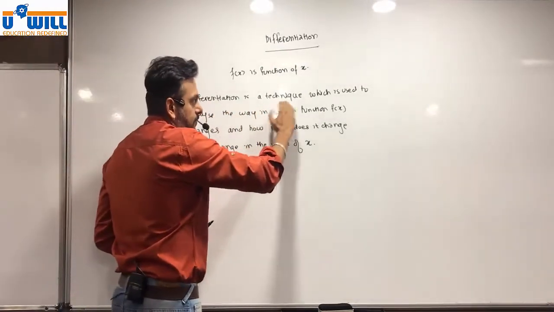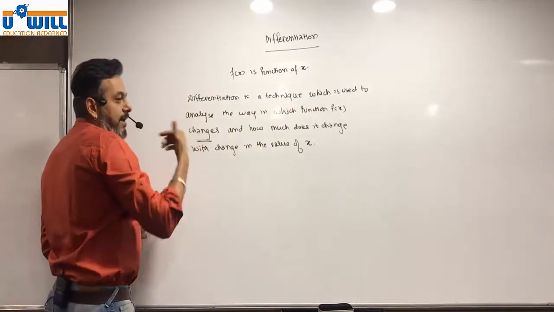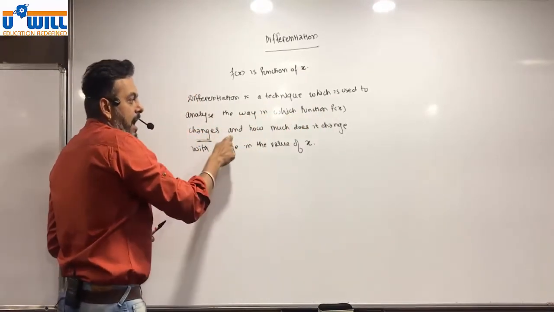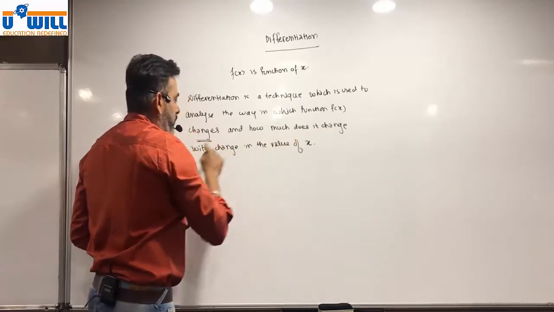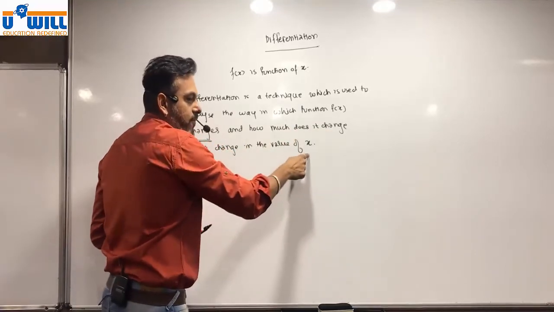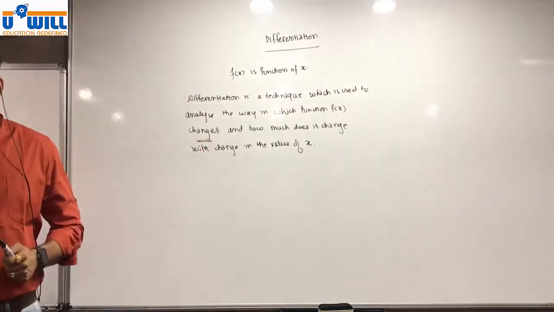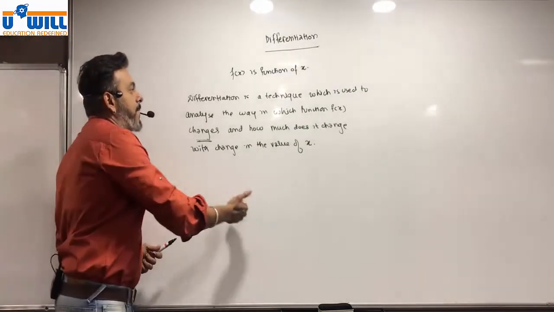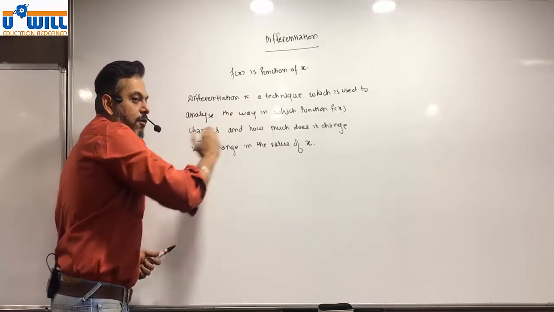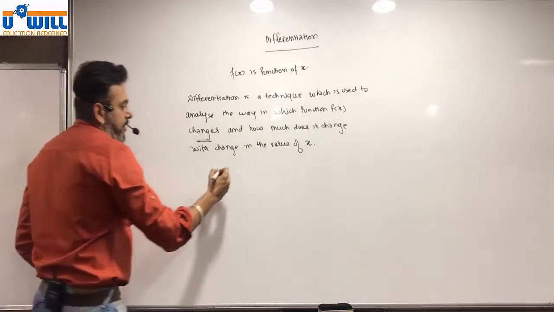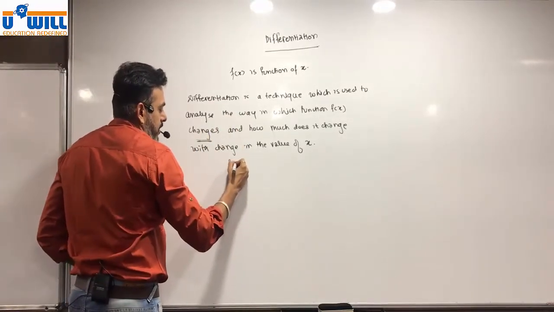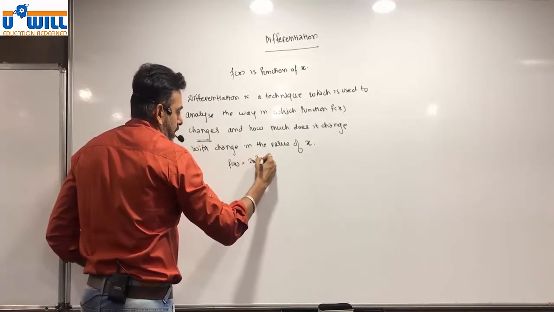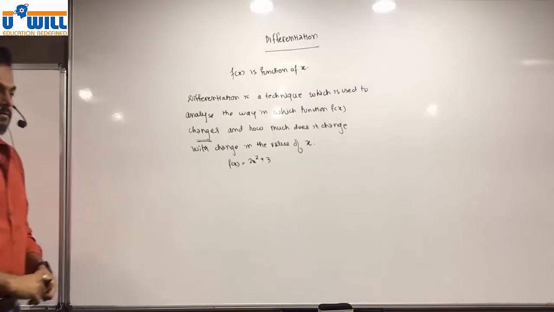Differentiation एक टेक्निक है which is used to analyze. क्या analyze करना है? The way in which function f of x changes and how much does it change with change in the value of x. X is a variable. It keeps on changing. तो इस change का impact क्या आ रहा है on this function f of x? We take a function f of x is equal to 2x square plus 3.